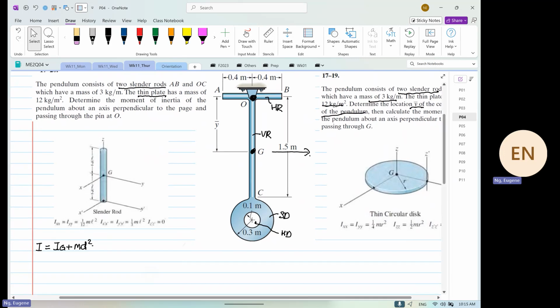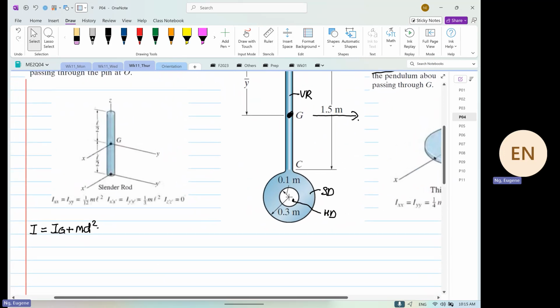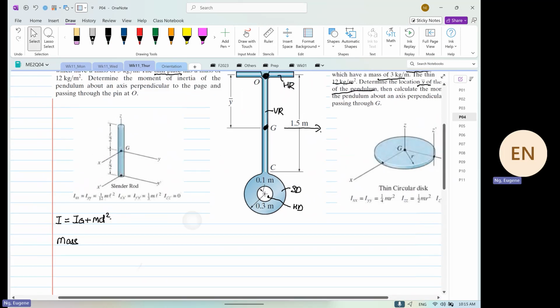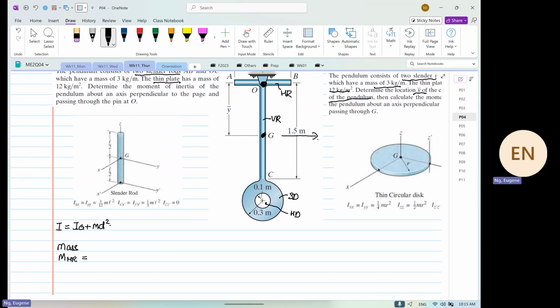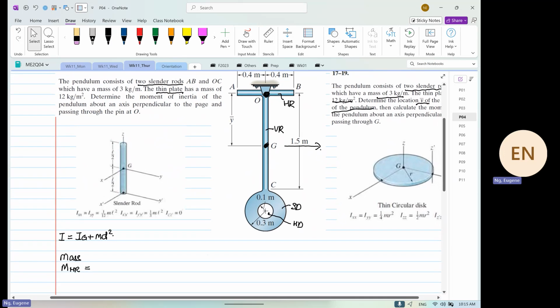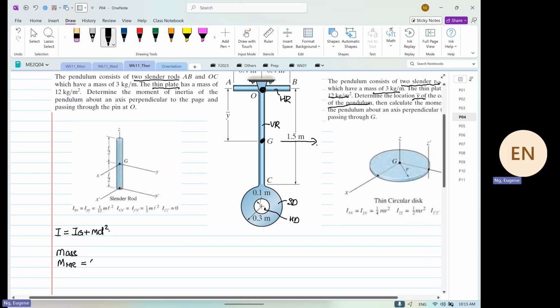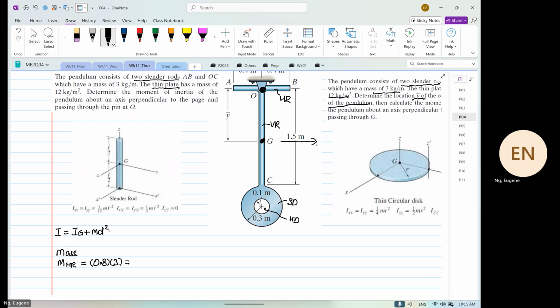So we are going to look at the mass now. From here, we are going to calculate the mass of the horizontal rod. So this is equal to 0.8 times 3, which is equal to 2.4 kilogram.